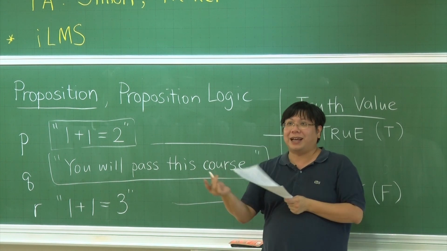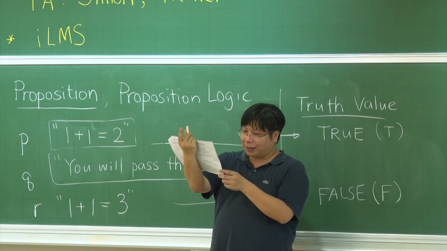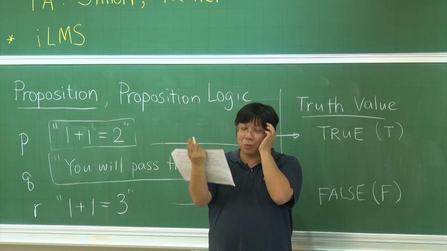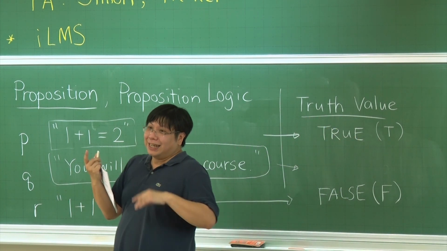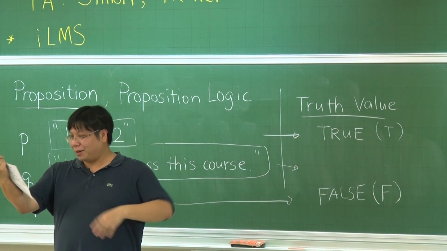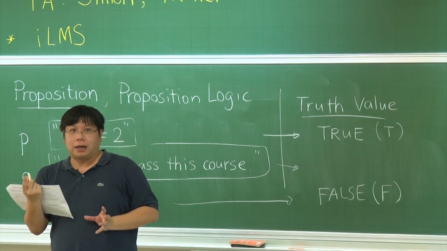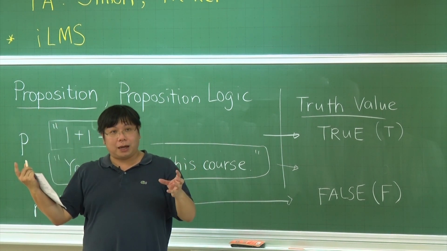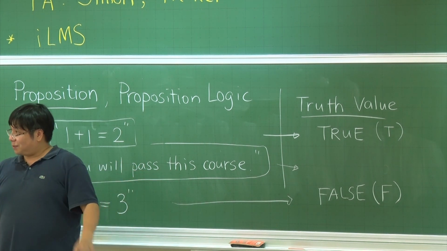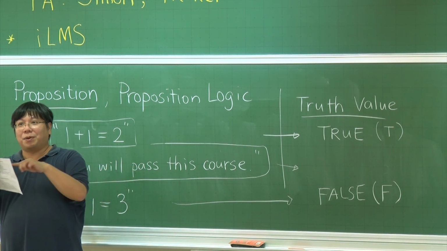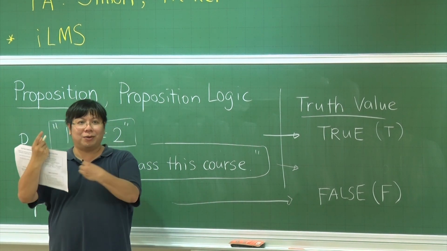Okay, so let's try English. Suppose that I have a sentence or a proposition like Simon's PC runs Windows XP. An old one. I don't know why he's still using Windows XP, maybe for some old reason. Now, Simon's PC runs Windows XP. This is a proposition. I'm not that close with Simon, so I don't know whether his PC runs Windows XP. But still, this is a proposition. I want to make another one so that they are always going opposite.